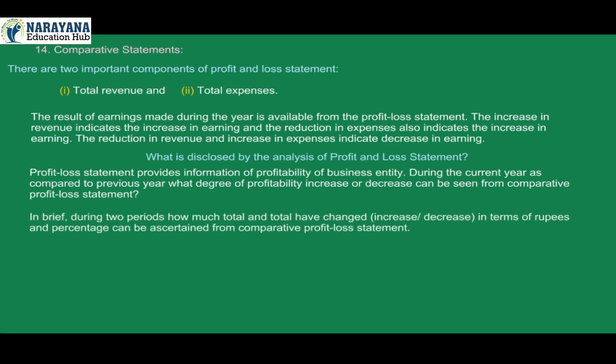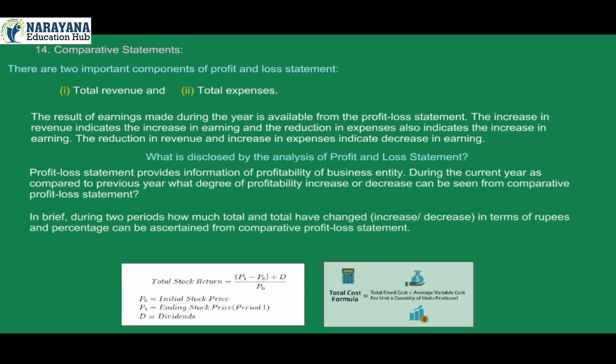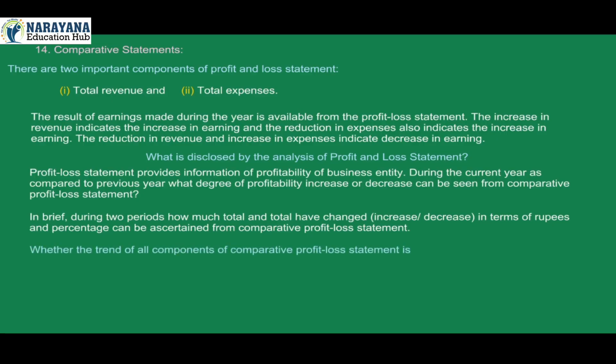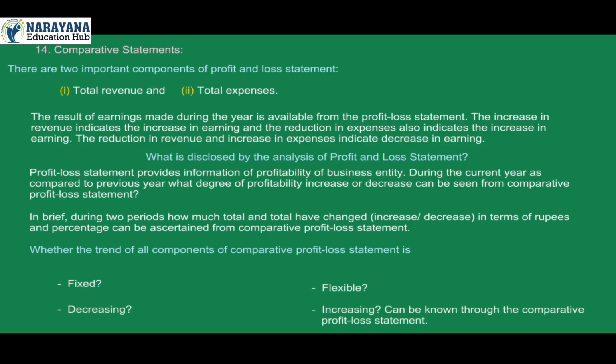In brief, during 2 periods, how much the totals have changed, that is, increase or decrease in terms of rupees and percentage, can be ascertained from the comparative profit and loss statement. Whether the trend of all components of the comparative profit and loss statement is fixed, flexible, decreasing or increasing can be known through the comparative profit and loss statement.